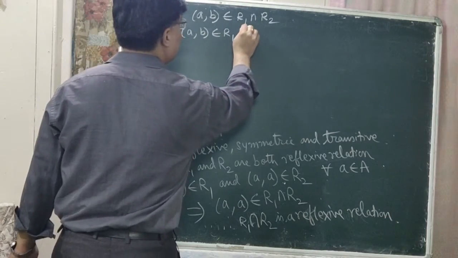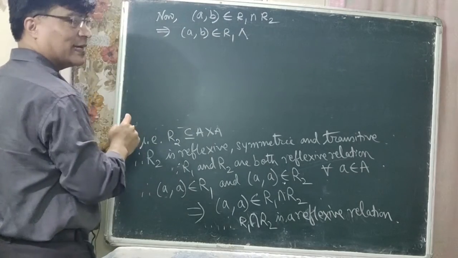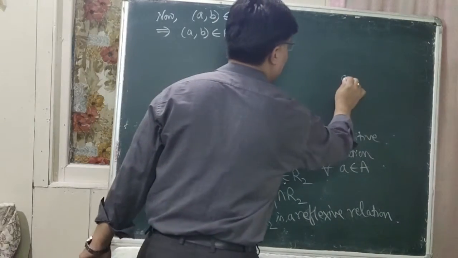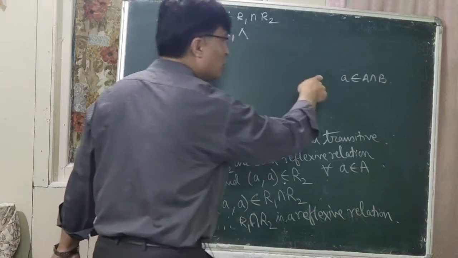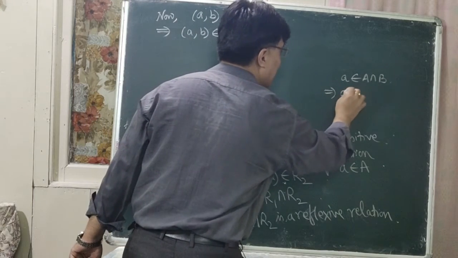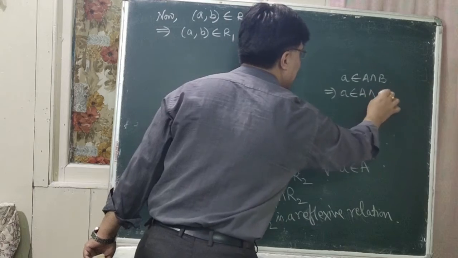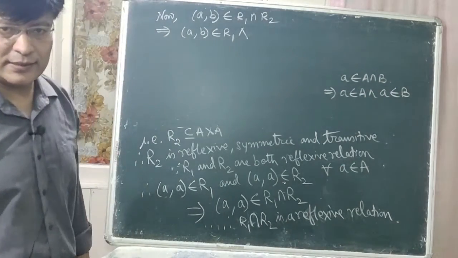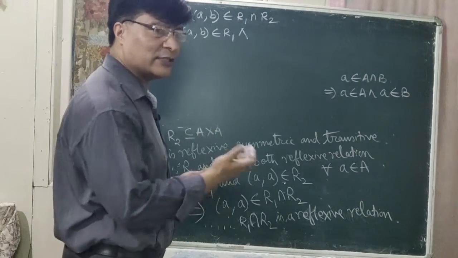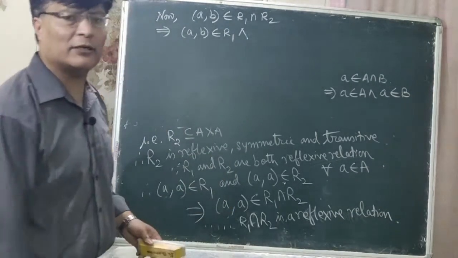This intersection means and. You know that if A belongs to A intersection B, this implies that A belongs to A and A belongs to B. A is common for both A and B. Is that clear? This is just like your set operation. You have done it in class 11 also.